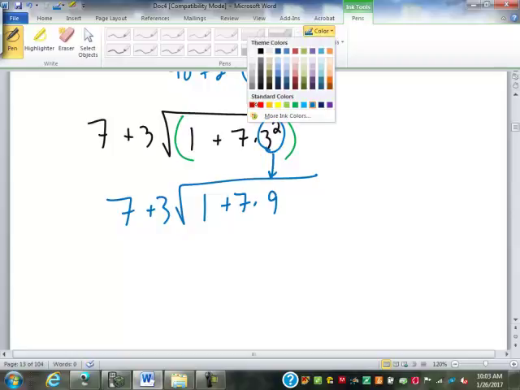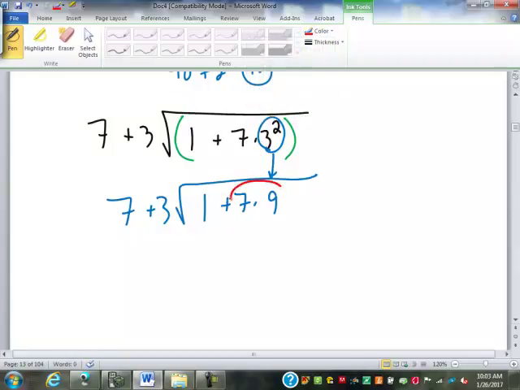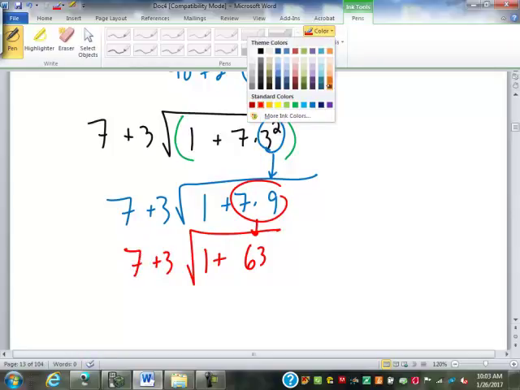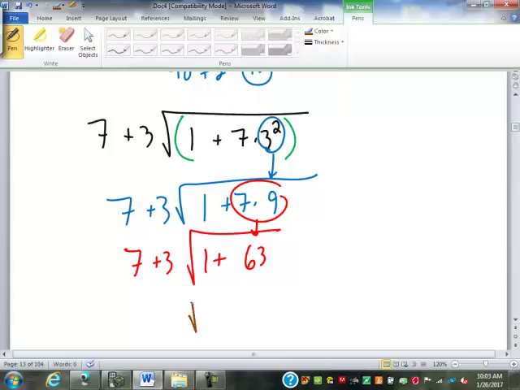What would happen next in there? 7 times 3 is 63. And then add 1 plus 63 is 64.